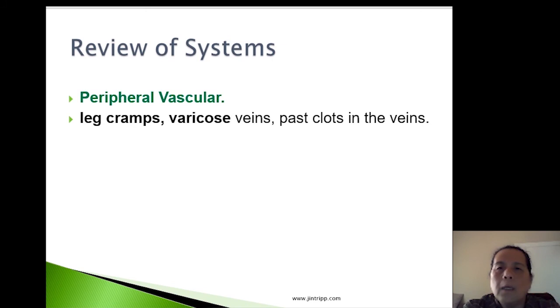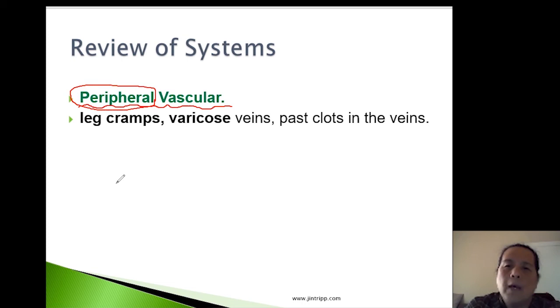Then we go to the questions. We say that's peripheral vascular. Peripheral means the ending part of the blood vessel, basically going to the limbs, arms and legs.